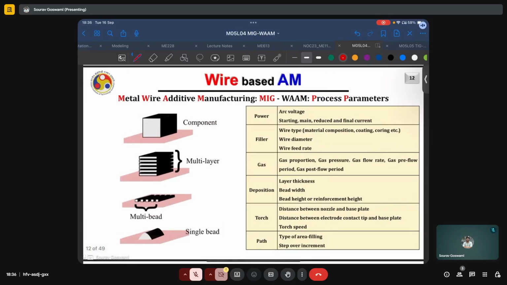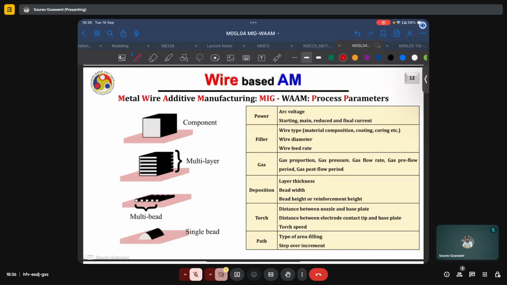Now, it is important to understand that during the development of any such additive process, or even once the technology has been developed, then during the optimization of such a process, we have to move systematically. The most fundamental and key ideas emerge from single bead experiments, and I have seen even in 2025 people doing some very good research and drawing some very powerful insights just from fundamental single bead experiments.